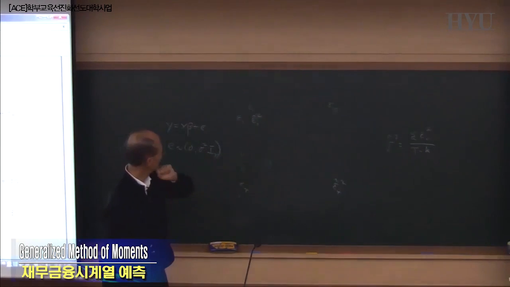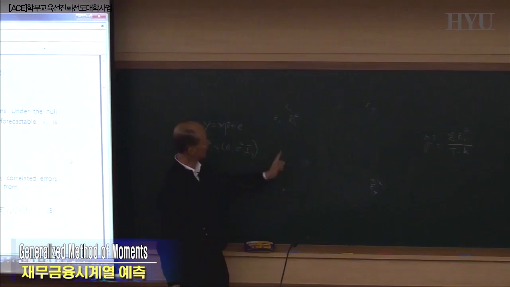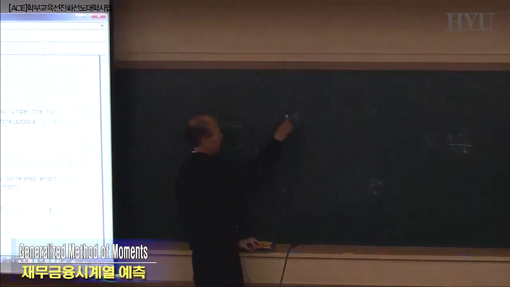The third one is to look at serial correlation. So you're looking at epsilon 1 and epsilon 2.